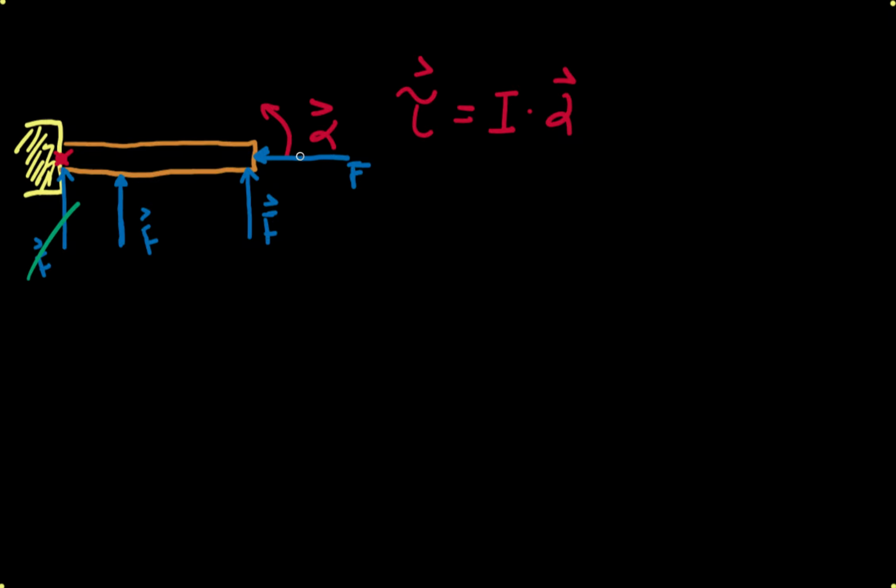If this force is also applied in this way, the door will not rotate. And here, the door will rotate pretty quickly. And here, the door will probably also rotate, but not as quickly. And I'm using the word quickly colloquially here. So that tells you something. That tells you a few things, actually.